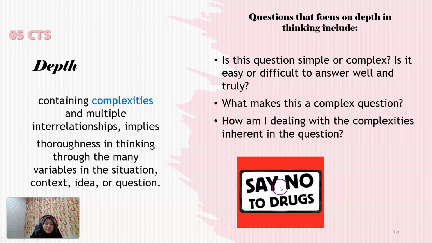For example, you have a statement: say no to drugs. This is very, very general, right? What is the meaning of this? So you need to look in depth. What are the details that you can have? For example, we should use, for a number of years, this to discourage children and teens from using drugs.